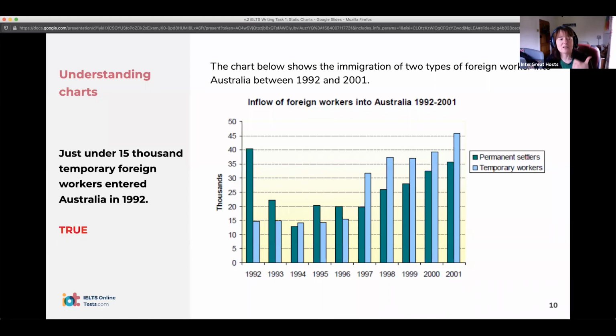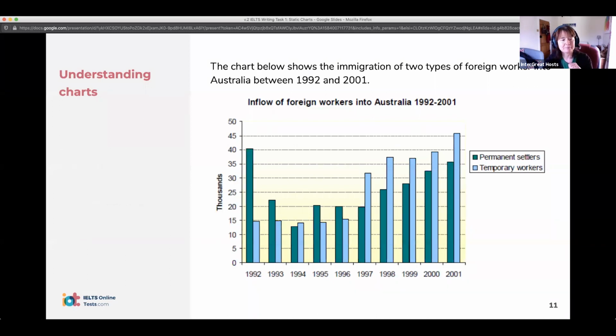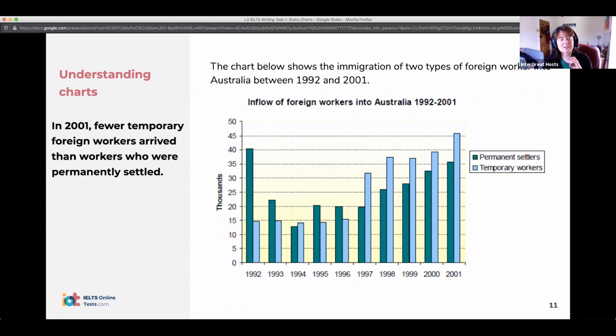We've got thousands, we've got the fact that it's temporary workers, we've got the fact that they're entering the country rather than living in the country, and we've got the right year. So that's the kind of sentence that you need to write. Everything is exactly what it is saying on the chart.